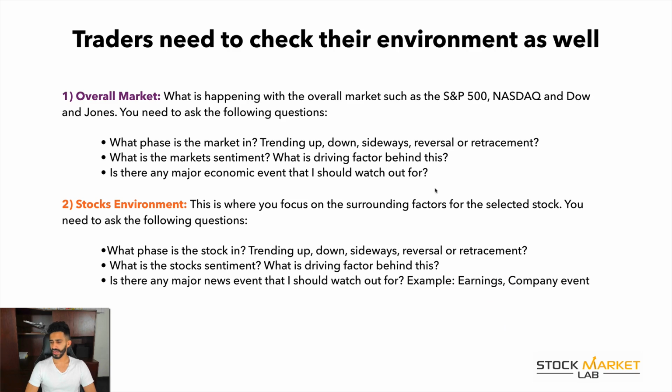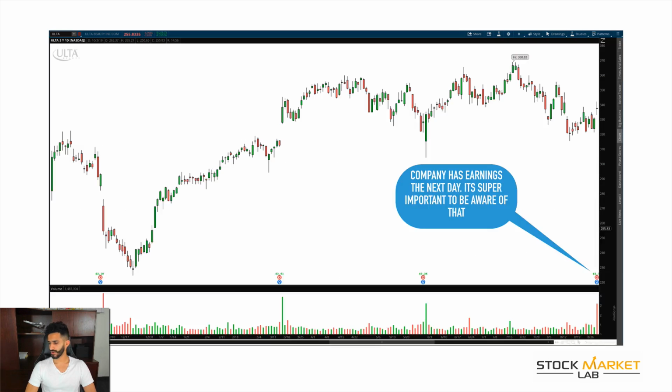Now, I'll give you guys some examples. If you look right here, we're looking at stock ULTA. Looking at this, person A might say, hey, I'm going to buy this stock, or short, whatever the case is. I might buy it because of factor ABC. Now, what person A is ignoring is that the company has earnings the next day, right?